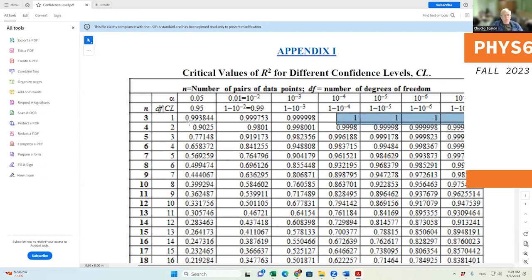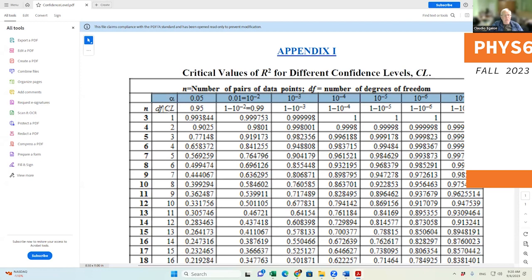So that's how this table behaves too. Both the CL and the R squared behave in a monotonic fashion. They increase from the left to the right. And the alpha that you see right in here is just 1 minus CL. CL plus alpha is going to be equal to 1: 0.95 plus 0.05 is 1, 0.99 plus 0.01 is 1.